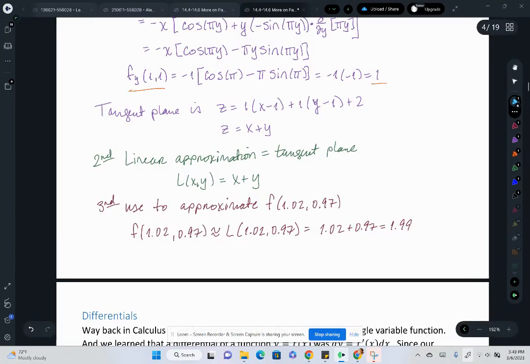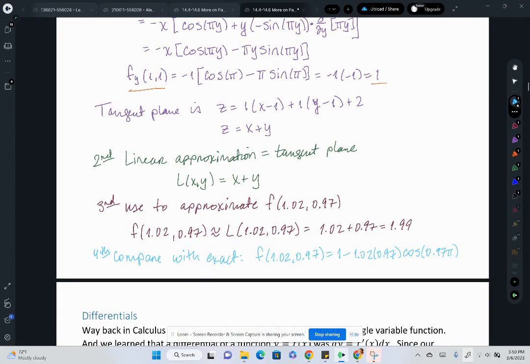So last thing I could do is to compare with the exact value. And that means I would actually plug in 1.02 and 0.97 into 1 minus xy cosine of pi y. 1 minus 1.02 times 0.97 times cosine of 0.97 pi.